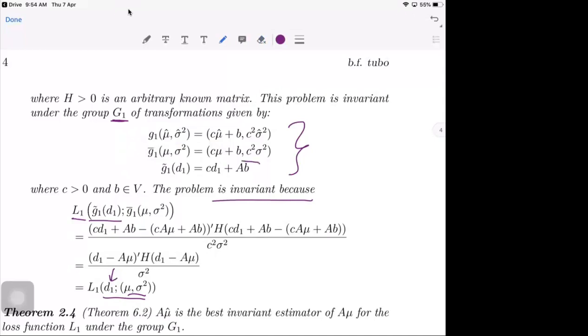This is the transformation of your estimator space. Let me write again the Mahalanobis loss function.